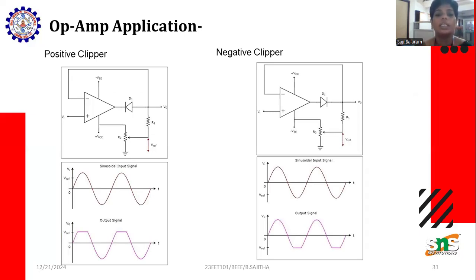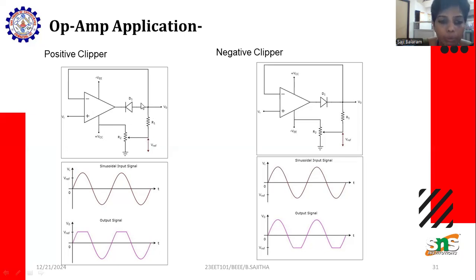You can see the circuit as well as the waveform given for both the positive and the negative clipper. From this circuit, you can see that there is an input supply, a feedback given to the output, and a diode connected between the output of the op-amp and the output terminal. There is a resistance R1 and a resistance R2, and these act as a potential divider.